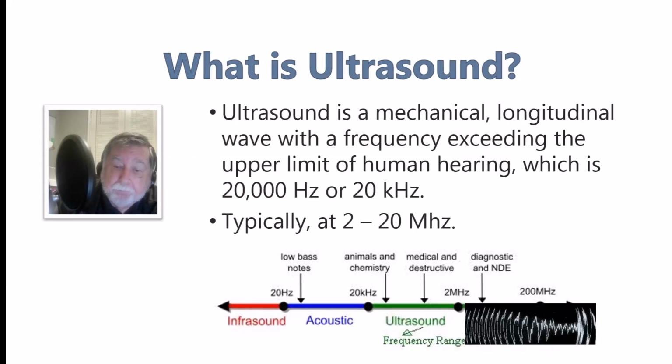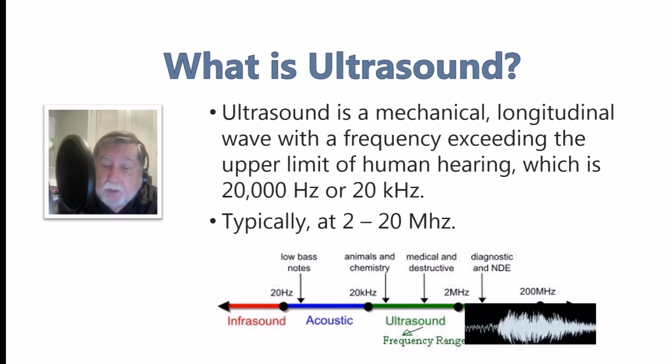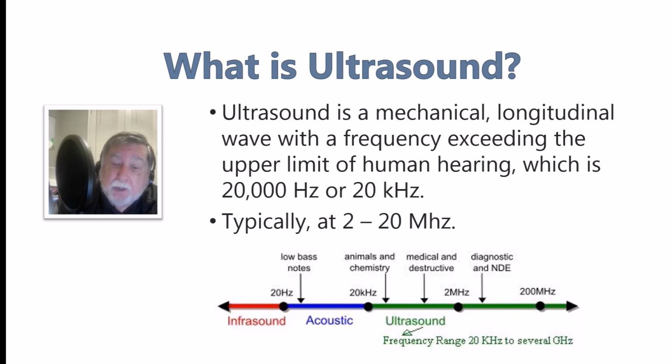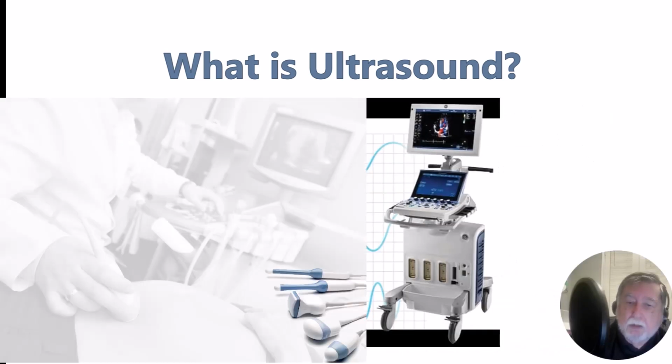Medical ultrasound is 2 megahertz to 16 megahertz, and the ultrasound frequencies in diagnostic radiology range from 2 megahertz to 15 megahertz. 3.5 megahertz is used for general abdomen and obstetric and gynecological imaging. 5 megahertz is vascular, breast, and pelvic imaging.